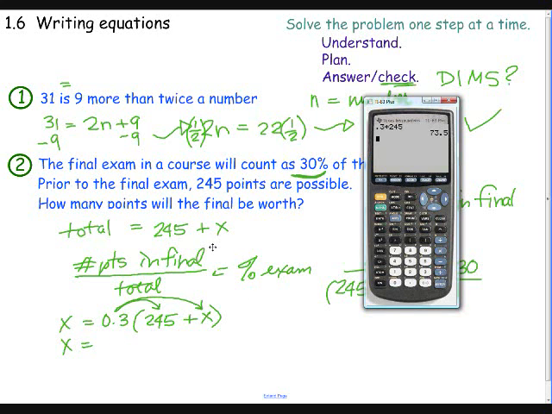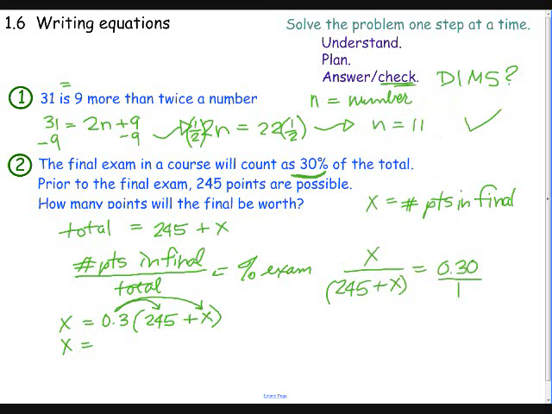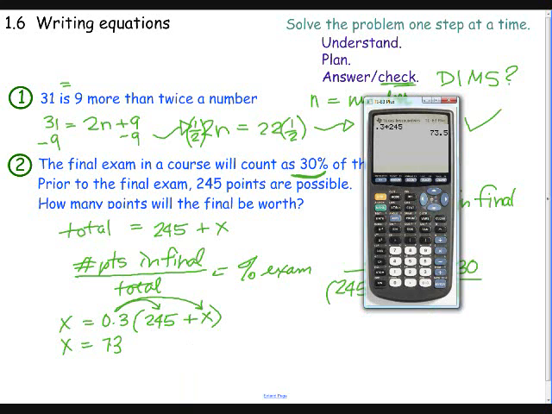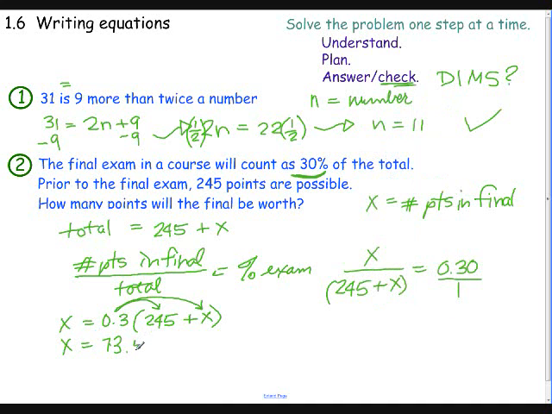Okay, so I get 73.5 plus 0.3x. I want all my x's on one side. This is very good, by the way. I did get my x out of parentheses.